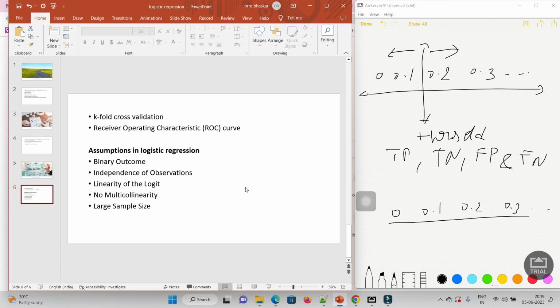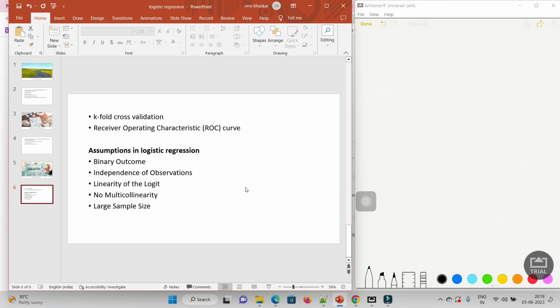This time we take the threshold here. Whatever is on the left side will be negative, and whatever is on the right side will be positive. Again, similarly, we calculate true positive, true negative, false negative, all this stuff, and we will get our matrix.